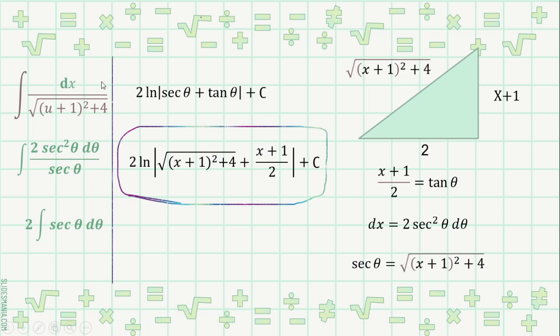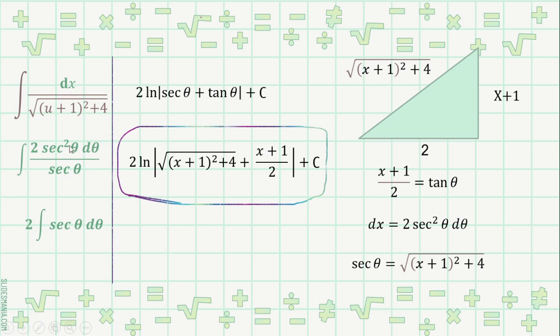And okay, we can write the integral of dx over (x plus 1) squared plus 4. Since we know we use tangent and secant, tan theta is (x plus 1) over 2, and dx will be 2 secant squared theta d theta, and secant theta will be the root of (x plus 1) squared plus 4.